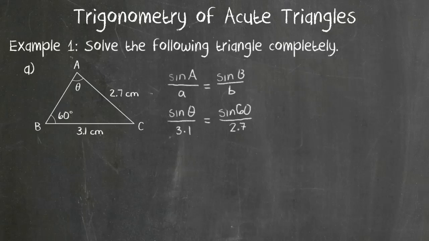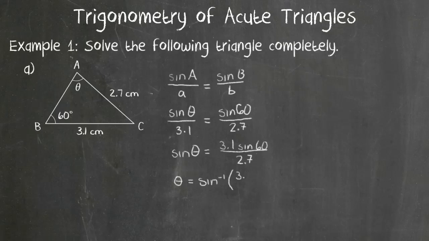Okay, multiply both sides by 3.1 to start isolating theta. So the sine of theta will equal 3.1 times sine of 60 divided by 2.7. Last step to isolate theta, we do the inverse sine of that whole fraction.